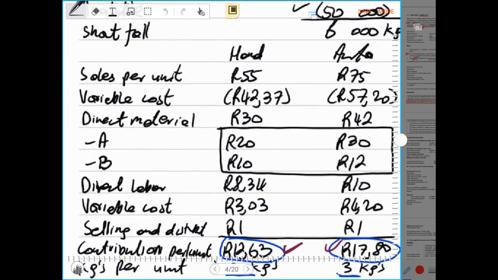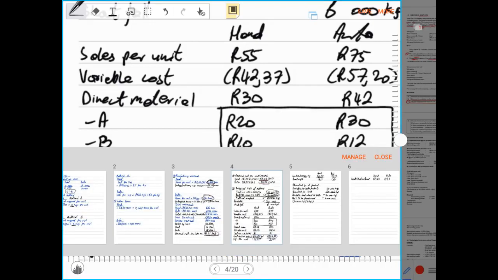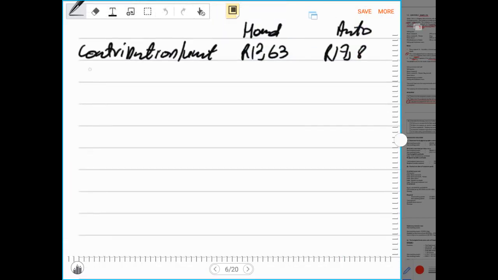Our contribution per unit was 12.60 and 17.80, those 2. So that is where you begin when you're calculating break-even point for 2 products. Then after, we multiply this by the production mix, and the production mix is 5:6.